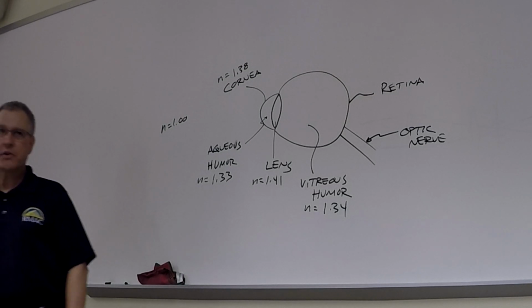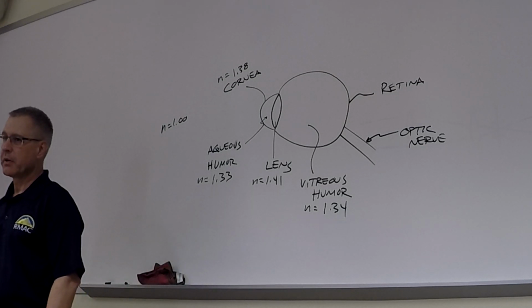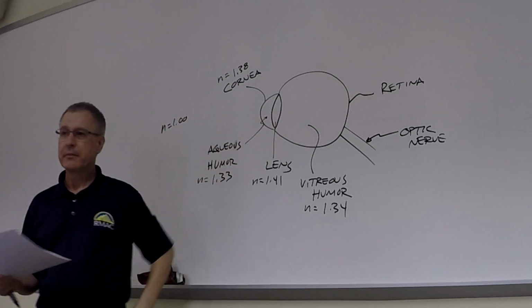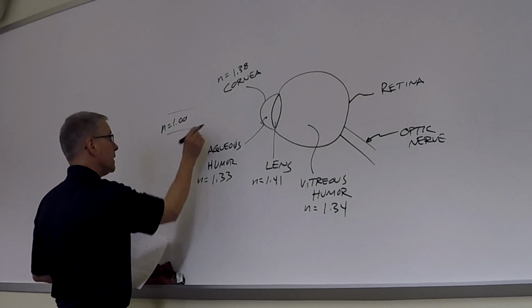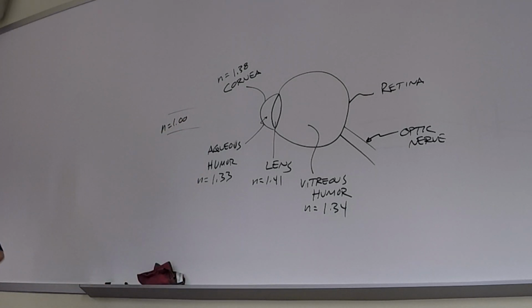What's going to cause our light rays to bend so that they're not just going straight through? So here comes our parallel light rays from something. To be able to see that, we need to focus them onto the retina to form an image back there. So where's most of that happening? Why is it at the cornea? Is it because it's the biggest difference? Yep. Notice that's the biggest difference in index of refraction across an interface of all those pieces.